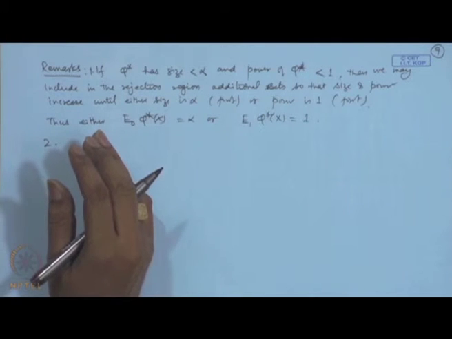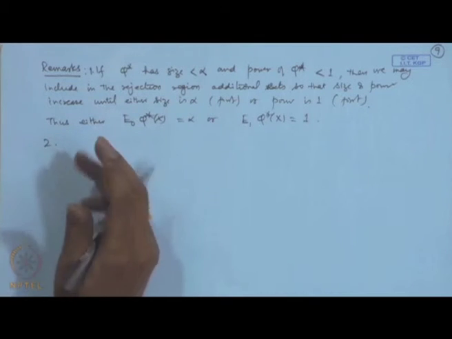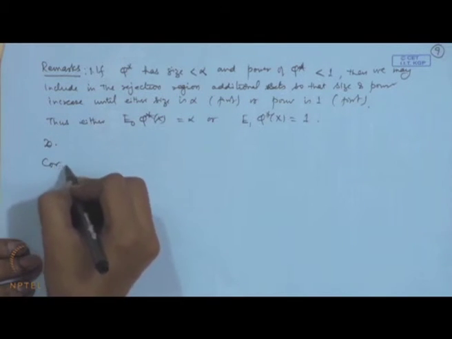However, the size is still alpha. So, therefore, this does not make any difference here. Let me give examples here, and of course, we have the following corollary.